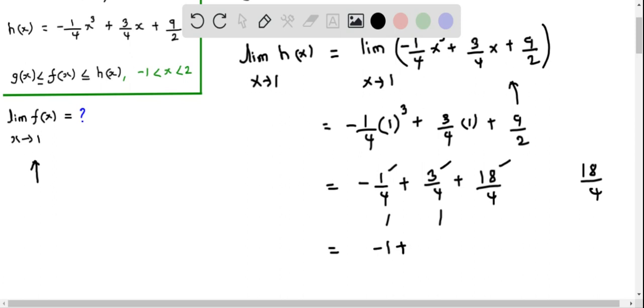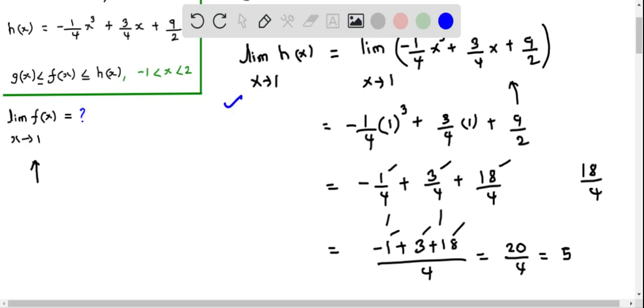That is negative 1 plus 3 plus 18, all over 4, and 18 plus 3 is 21. 21 minus 1 is 20. So we get 20 over 4, and this equals 5. So we found the limit, that is when x approaches 1, h of x approaches 5. So this is the value of this limit.